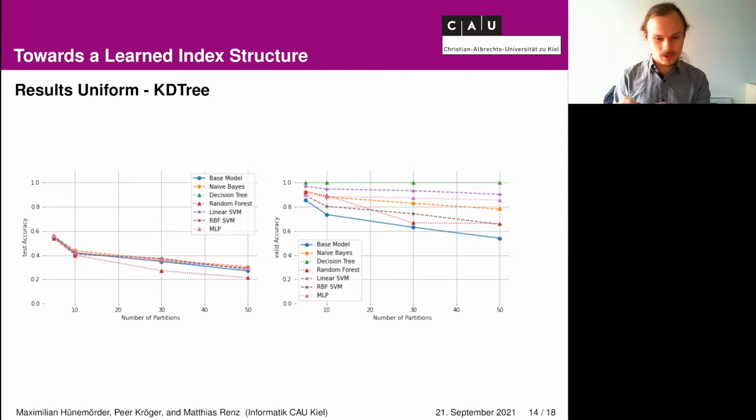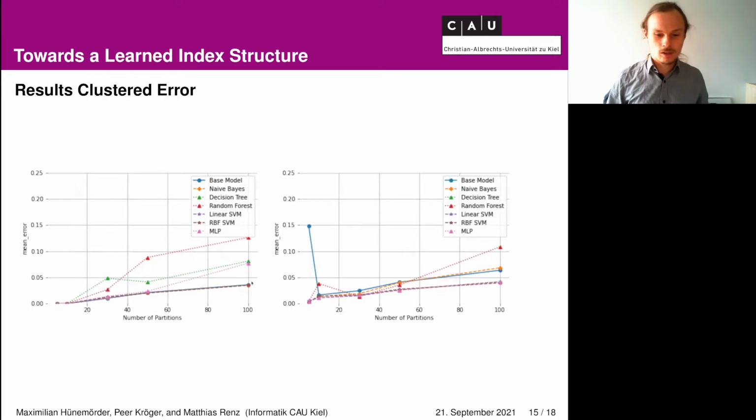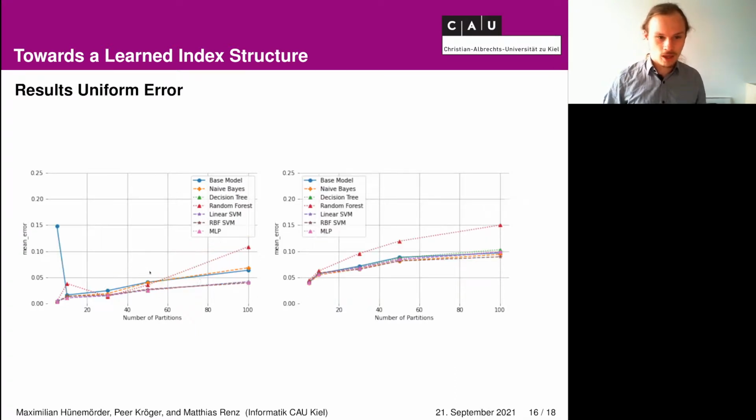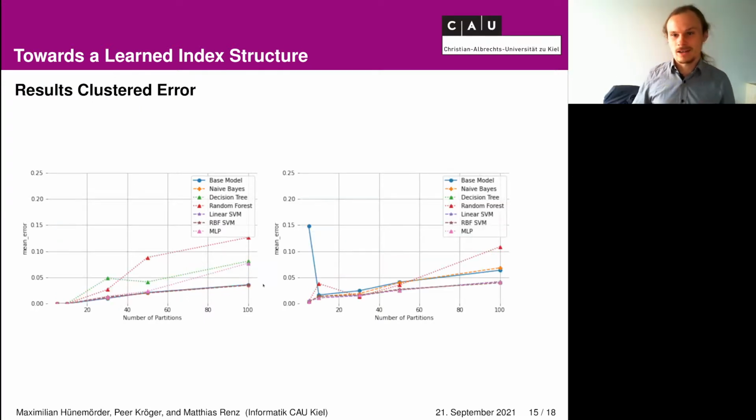So if we have a query point that's very close to a decision boundary, which gets more probable the more partitions we have, our approximation gets worse. But we still get very good nearest neighbors, which we can see from the actual relative error, since the relative error stays very low for both k-means and KD tree on both data sets. So we always get a good approximation of a nearest neighbor.